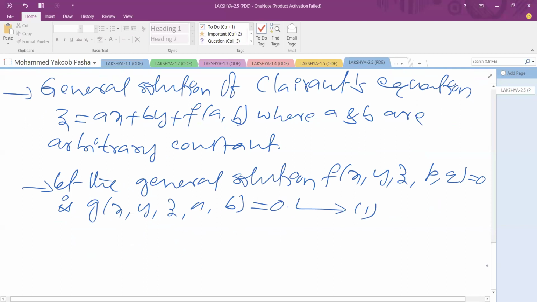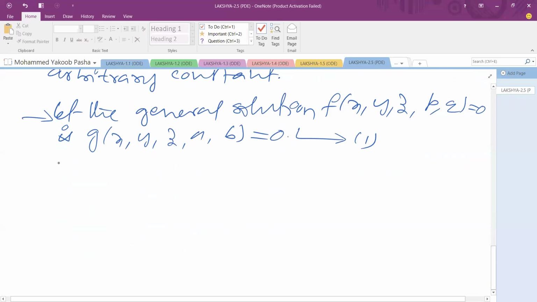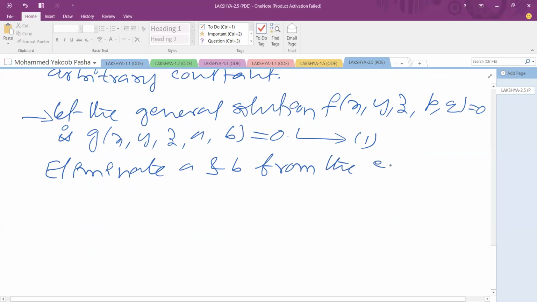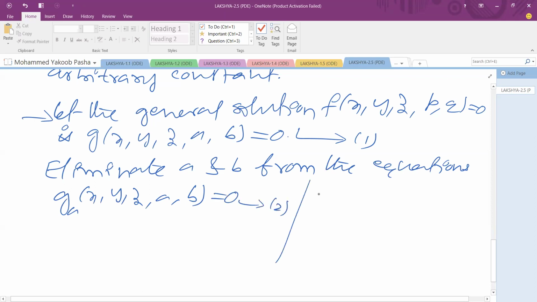Now eliminate a and b from the equations. We are taking two partial differential equations, that is g_a of x, y, z, a, b is equal to 0, let it be equation number 2, and g_b of x, y, z, a, b is equal to 0.